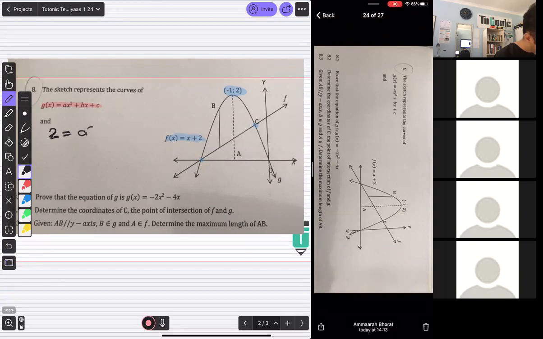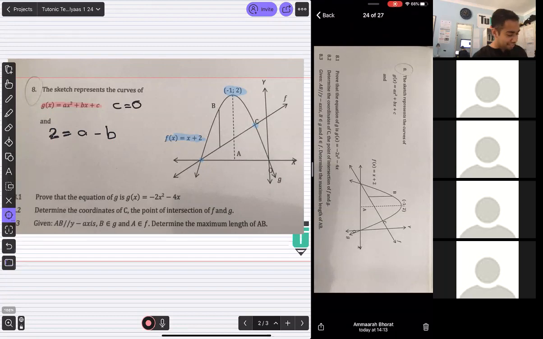So it's going to be a times minus 1 squared, which is 1, minus b. You're just subbing in minus 1, and you know C is 0, so you don't have to worry about C anymore. You just work with A and B. So if you sub in x to be minus 1, it becomes a minus b equals 2.